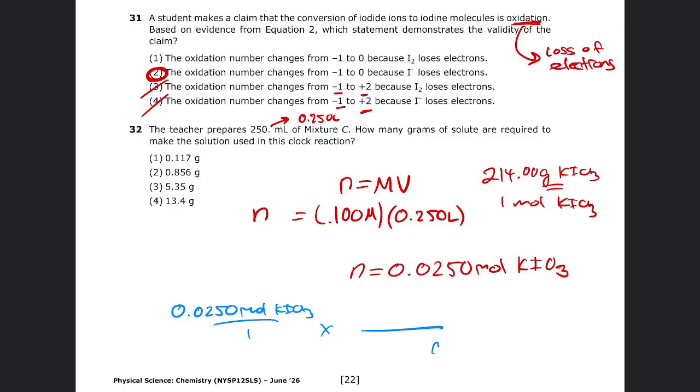I want to get rid of it, so I'm going to put moles of KIO3 on the bottom. I put grams of KIO3 on top. Plugging in the numbers, this is what I get. And when you multiply 0.025 by 214, you end up with answer choice 3, which is 5.35 grams of KIO3.